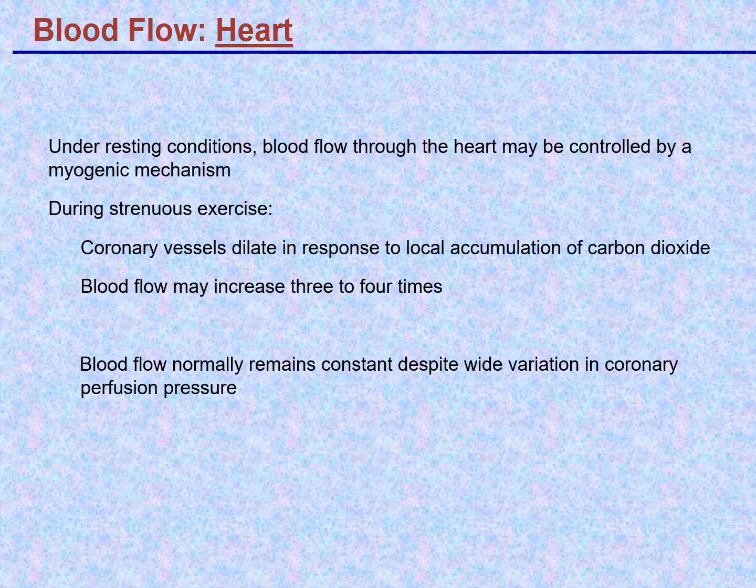Under resting conditions, the blood flow through the heart can be controlled locally by myogenic mechanisms. If strenuous exercise starts, so that the heart starts to beat faster and harder, then the coronary vessels will dilate due to increased carbon dioxide in the tissues.